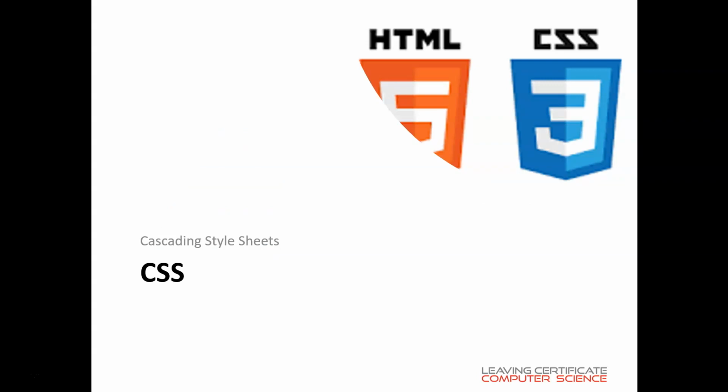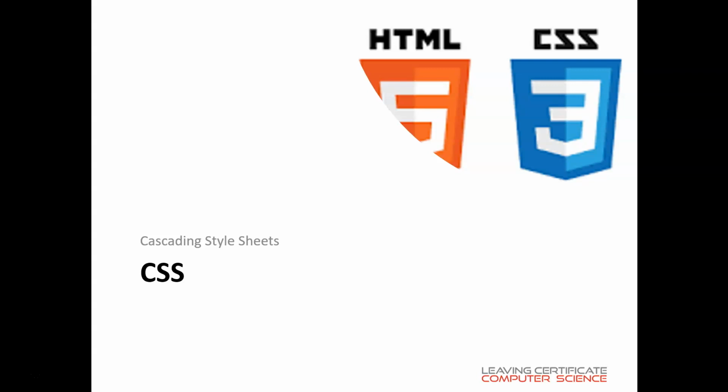So CSS stands for Cascading Style Sheets. You can add style directly into HTML using the style attribute, but CSS3 has allowed us to separate out our style into its own documents, so into separate style sheets.